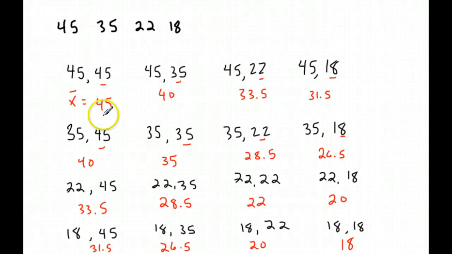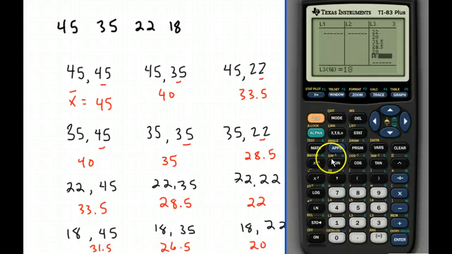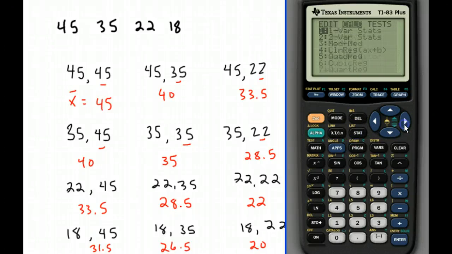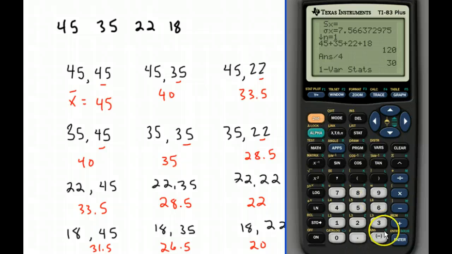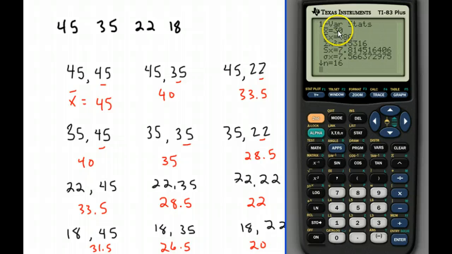But also, if I take all these sample means, all the values in red, and put them into the third list of the calculator, and do one var stats on list 3, I also get a mean of 30. So I'm getting a mean of 30 all the way across the board.